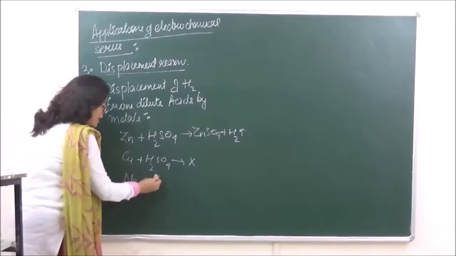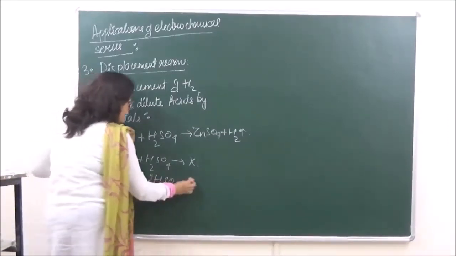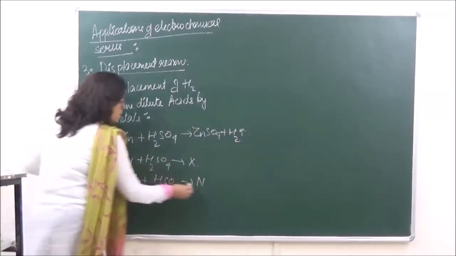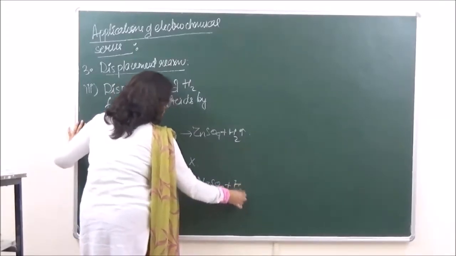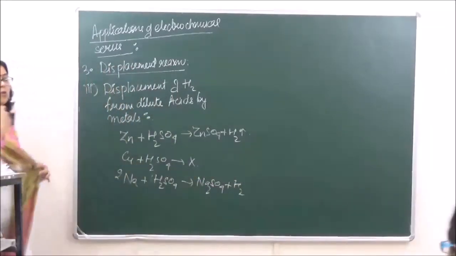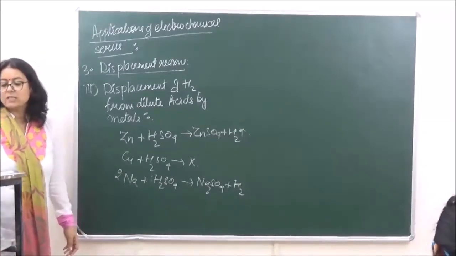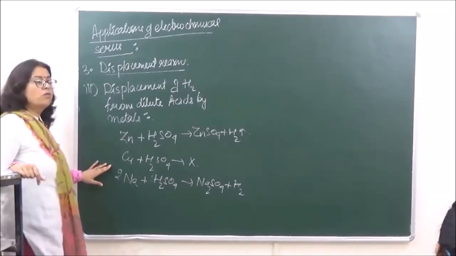So Na when reacts with H2SO4, it is going to give us Na2SO4 plus H2. So hydrogen is displaced even in this case, as sodium also has a negative value of reduction potential.